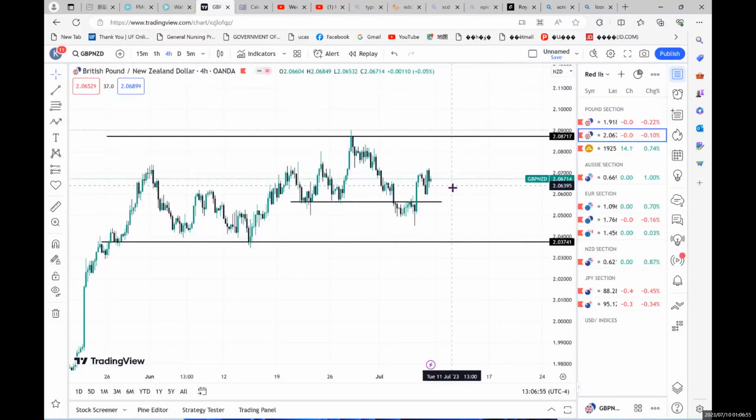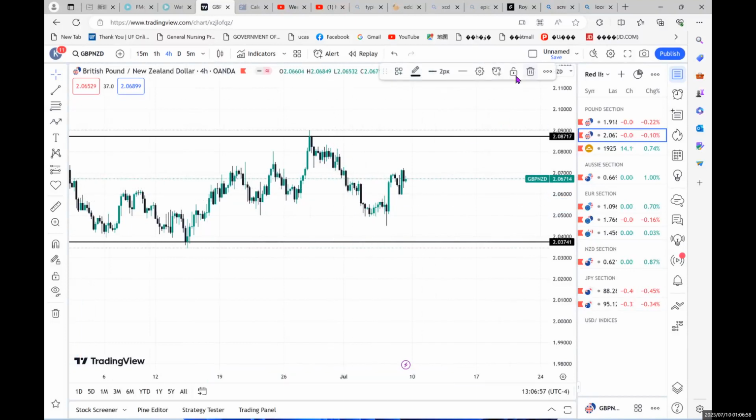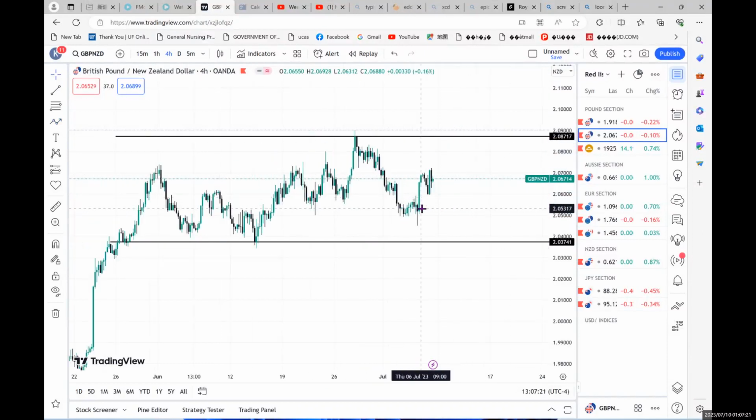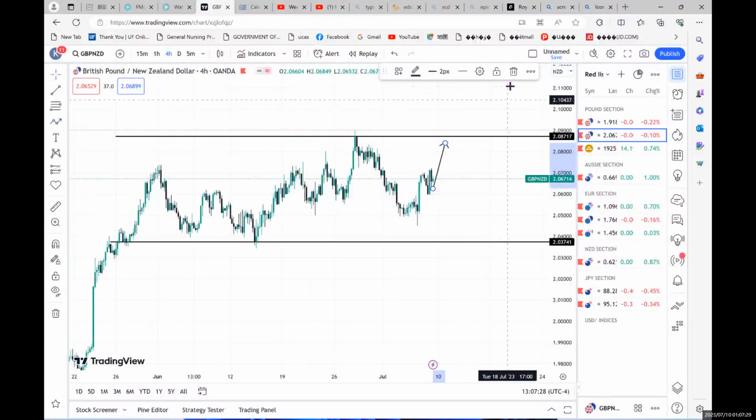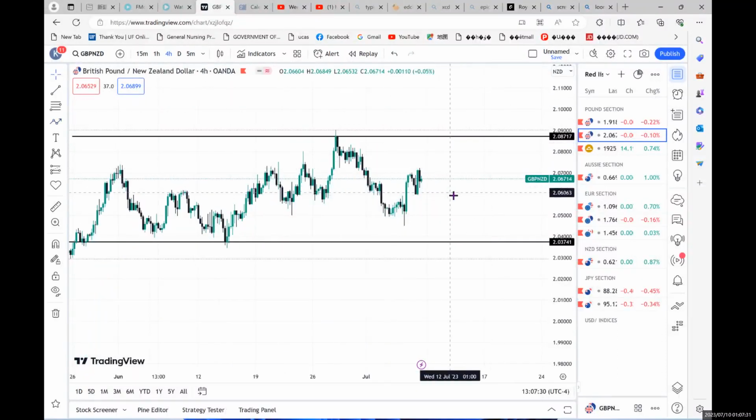If you watch this section here, you can see price was creating lower high, lower low, lower high, lower low, lower high, lower low. So this was a bearish trend, and price broke the last lower high and it started going back up, higher low, higher high. So this is telling me that price wants to continue back the bullish trend, at least back up into this area here, into these highs here. So I'll be looking for something like this.